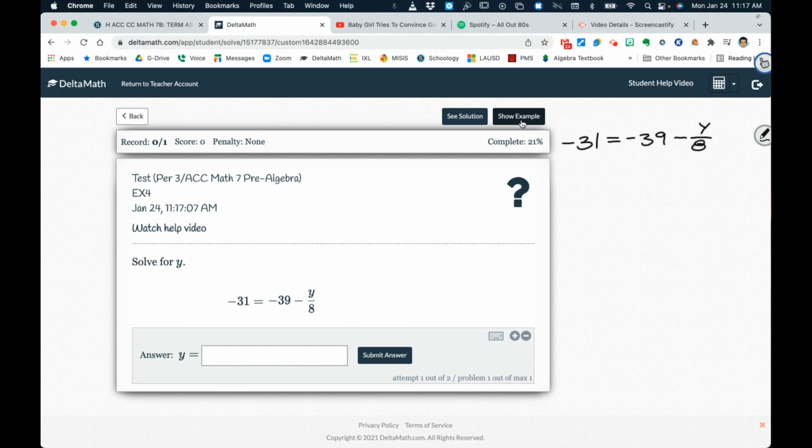I'm going to get rid of my constant, adding 39. So negative 31 and 39 is 8 equals, again, I have that minus. I need your help, guys. I don't want you to get confused when we get to this step. I have to bring down that minus y over 8. How do I want to write it so I can do it in just one step?